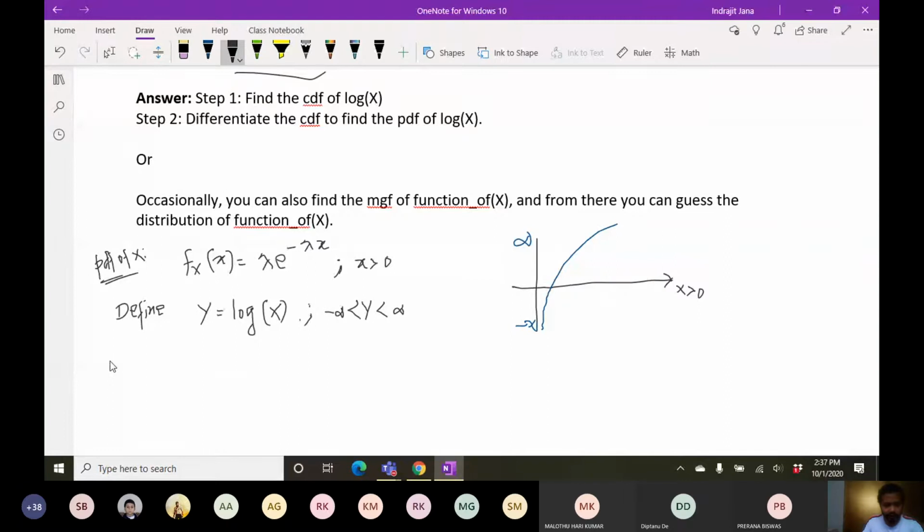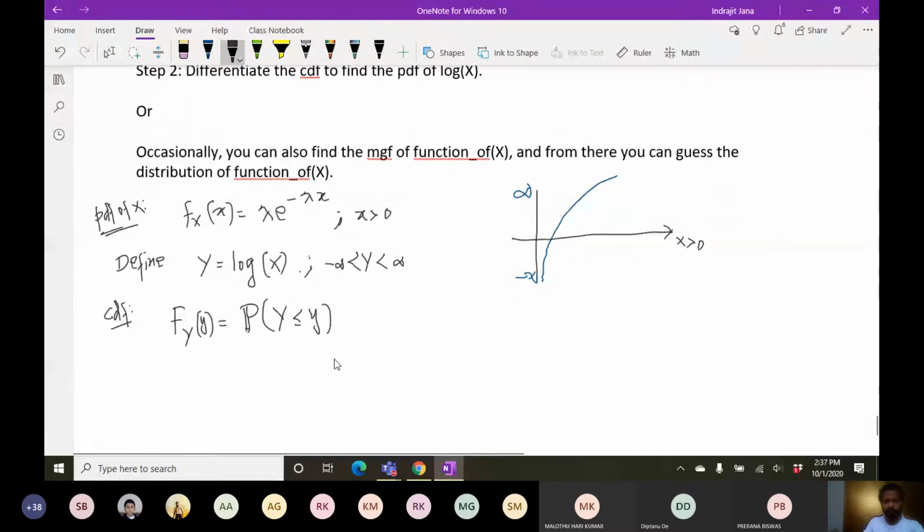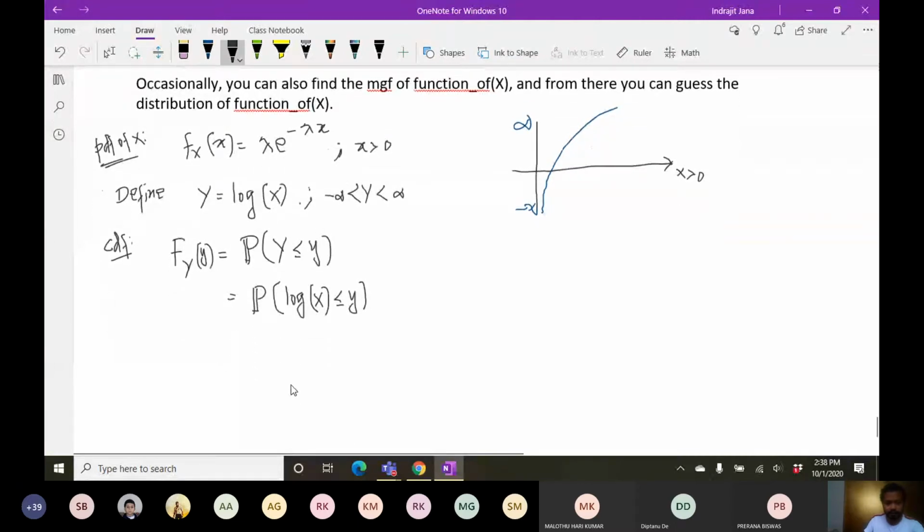Anyway, now we want to find the CDF of y. So the CDF of y is going to be F_Y(y), that is the probability of Y less than or equal to y, which is the probability of log x less than or equal to y, and that is equivalent to the probability of x less than or equal to e to the power y.